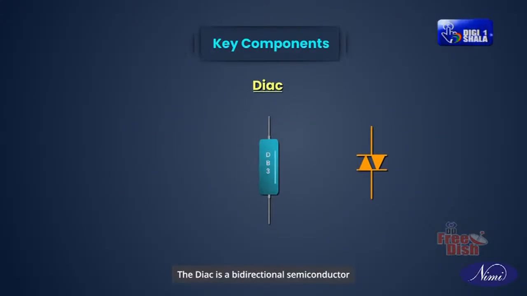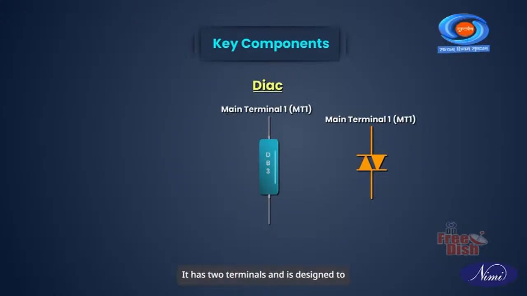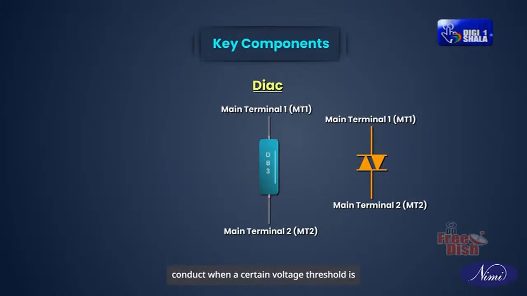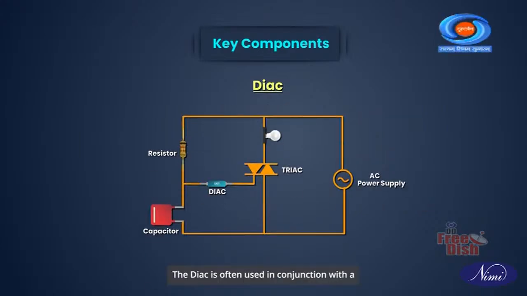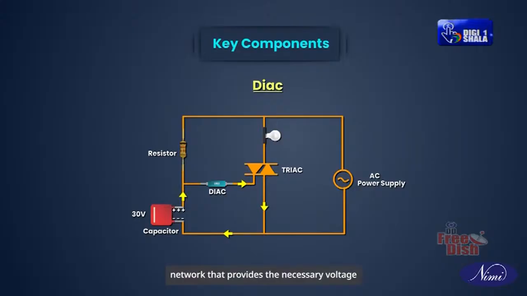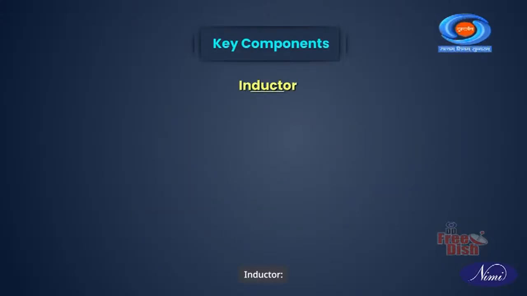Diac. The diac is a bidirectional semiconductor device that is commonly used as a trigger device for triacs. It has two terminals and is designed to conduct when a certain voltage threshold is reached. The diac is often used in conjunction with a resistor and capacitor to form a triggering network that provides the necessary voltage to trigger the triac. Inductor.